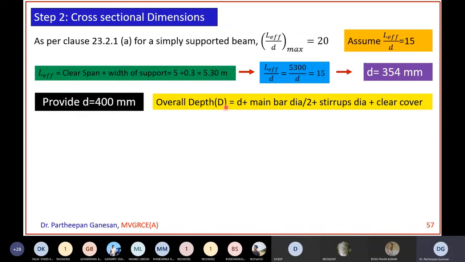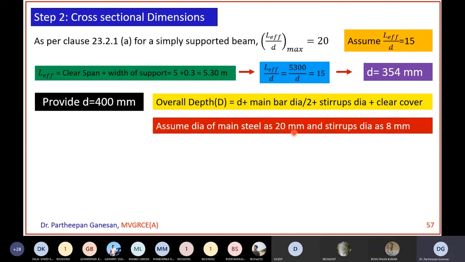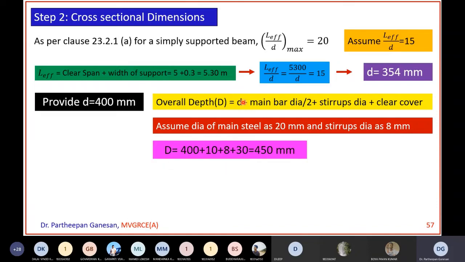So overall depth will be effective depth plus diameter of the main bar by 2 plus stirrups diameter plus clear cover. And this you already know. So as I am assuming the main steel as 20 mm diameter and stirrups dia as 8 mm, I will get effective depth is 400 mm, which is coming from here.